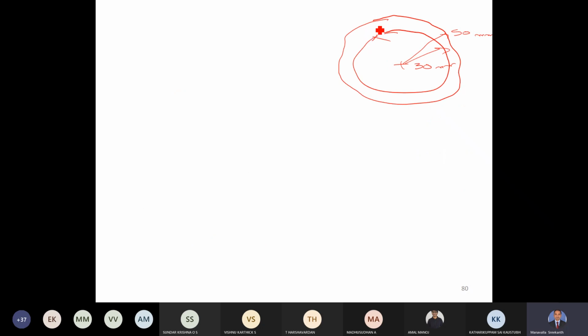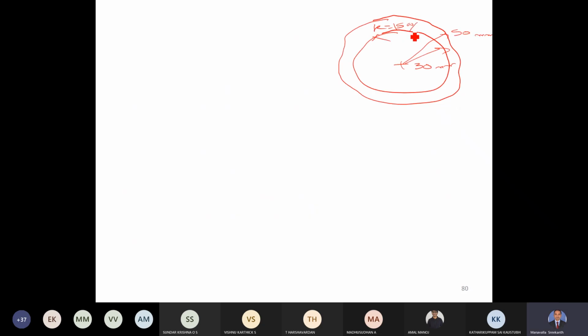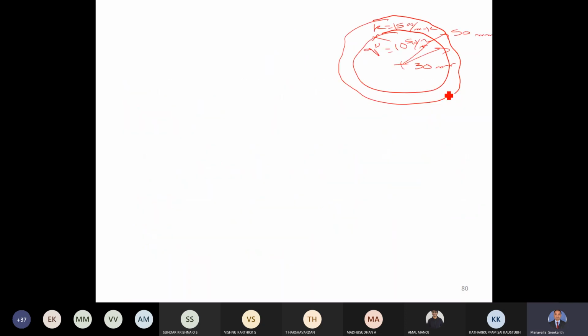K is given here, in watt per meter Kelvin, and also the inside heat flux is given as 10 power 5 watt per meter square. And outside there is a fluid at 100 degrees Celsius.